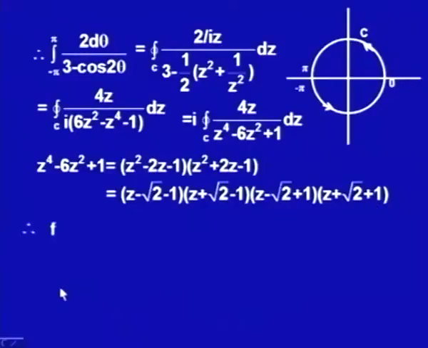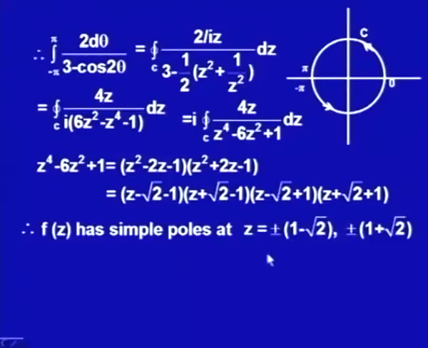That is, f(z) has simple poles, as all the zeros are simple zeros. So we would have simple poles at plus minus 1 minus root 2 and plus minus 1 plus root 2. My function has 4 isolated singularities. Our contour is the unit circle.